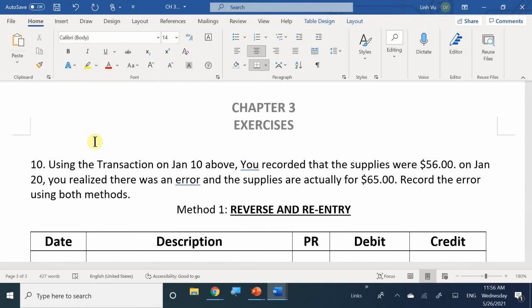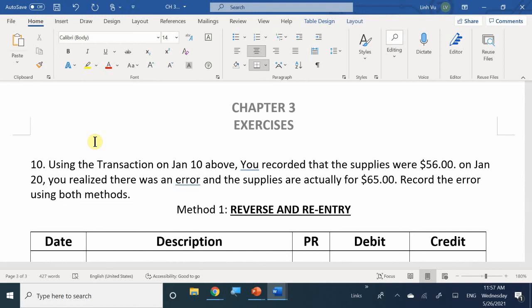But then on January 20th, you realized that there was an error in your journals because the supplies were actually worth $65. Okay, so let's go ahead and record the error to fix this journal entry here.